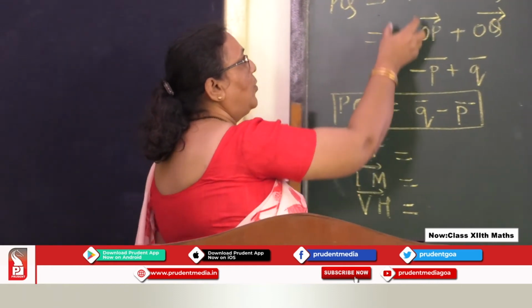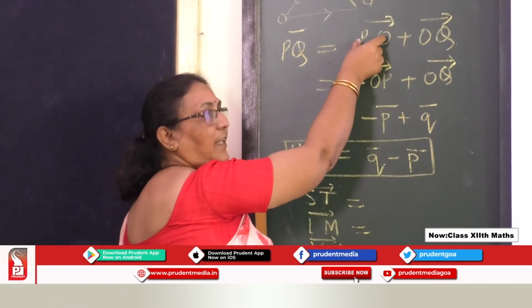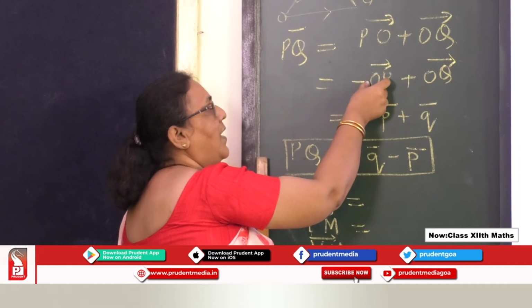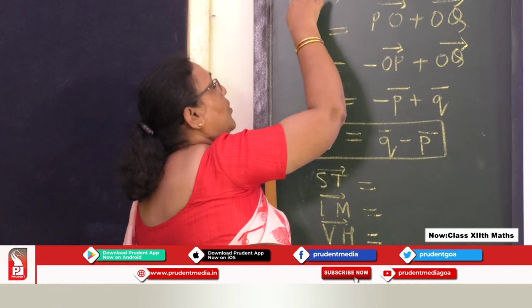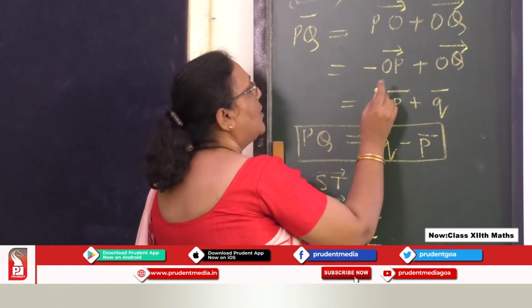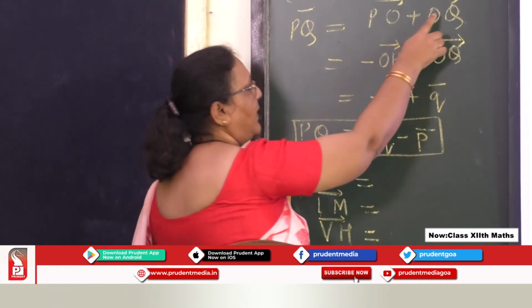Now, if I want to write the reverse of O to P, I have to change the sign. The negative of a vector has the same magnitude, but I want to change the direction from P to O. I want to go the reverse way of O to P. So I will get a minus; when I change this, I have to write a minus sign, and this is the same.